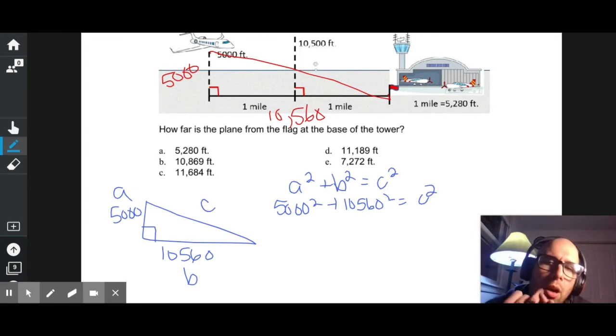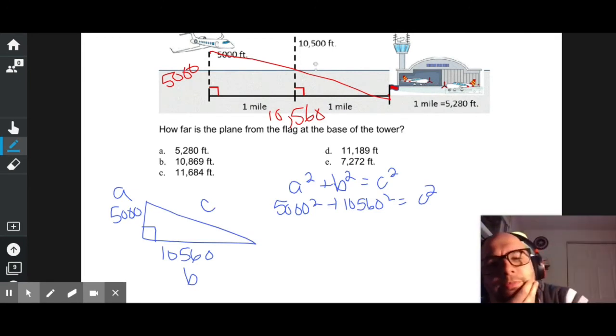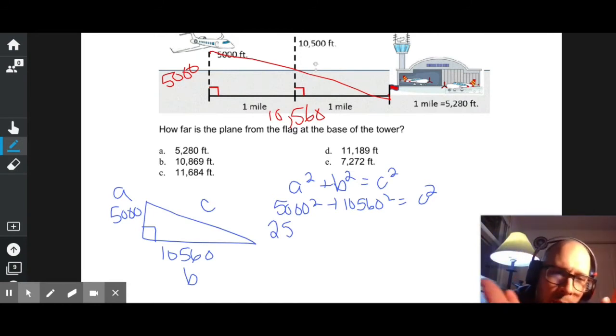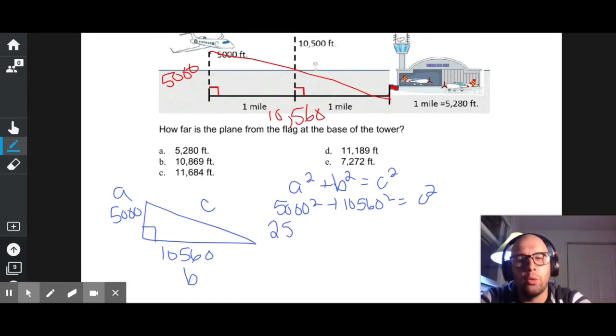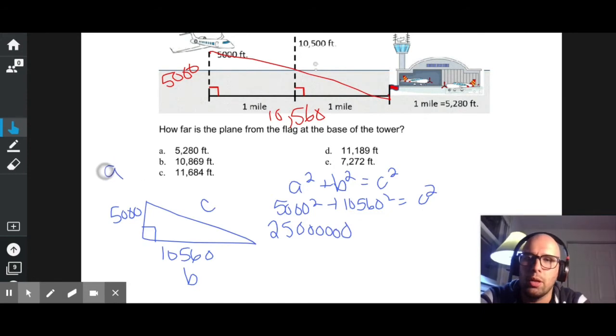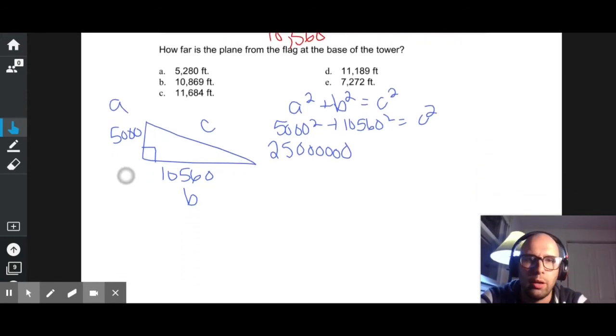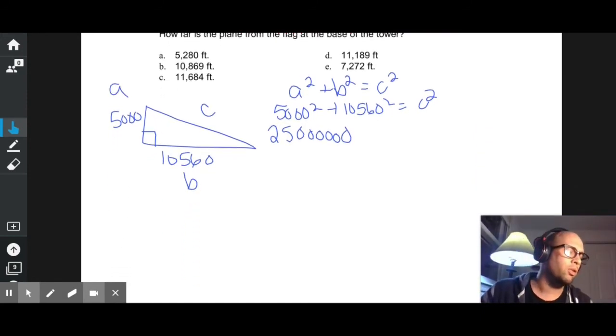5 squared is 25. When you square something with 3 zeros attached to the end, you double the amount of zeros. So 1, 2, 3, 4, 5, 6. Let me scroll down because I'm going to run out of room when I find out what 10,560 squared is.